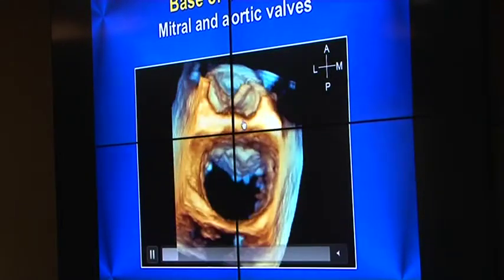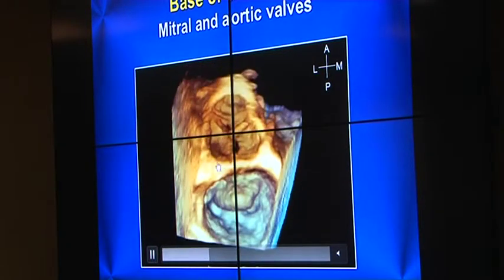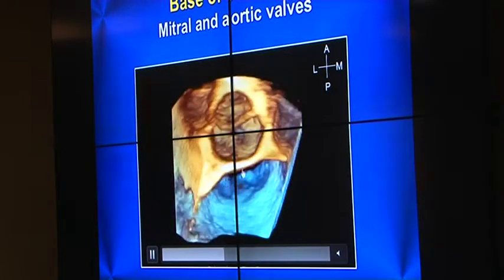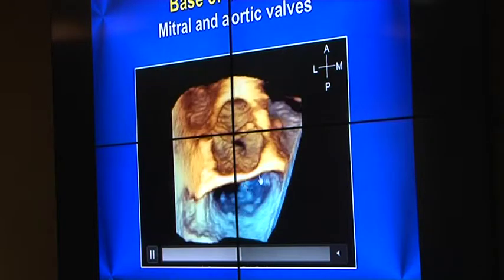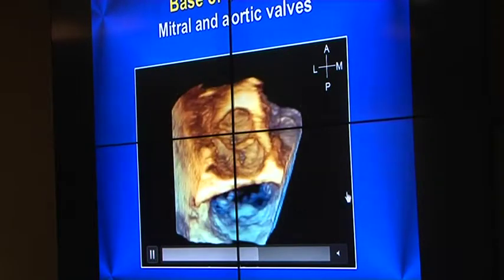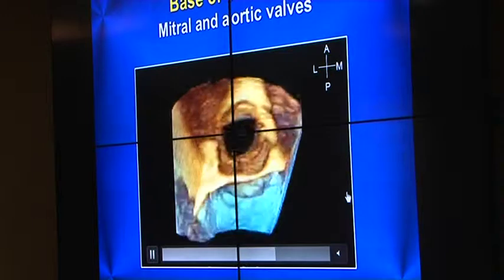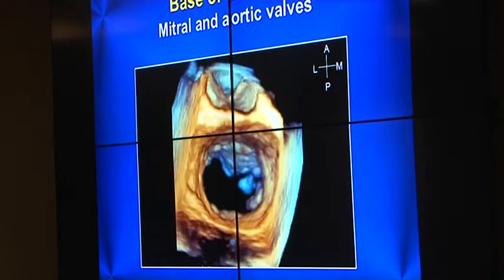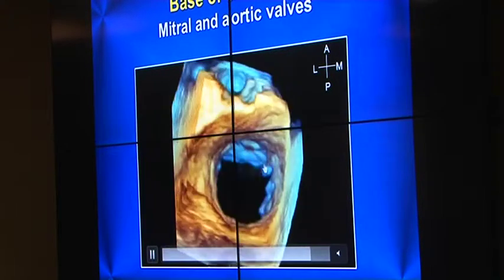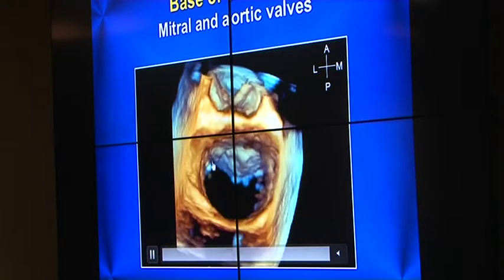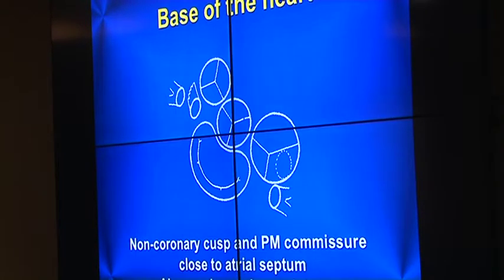So here you can see the non-coronary and the left coronary cusps and their posterior wall, which is in direct communication with the mitral annulus and the base of the anterior mitral leaflet, which is prolapsing in that case. So this is a direct continuity, and it is easily recognized by 3D.